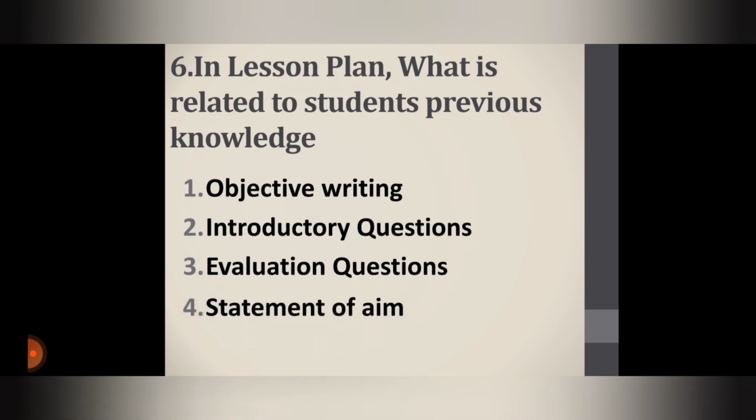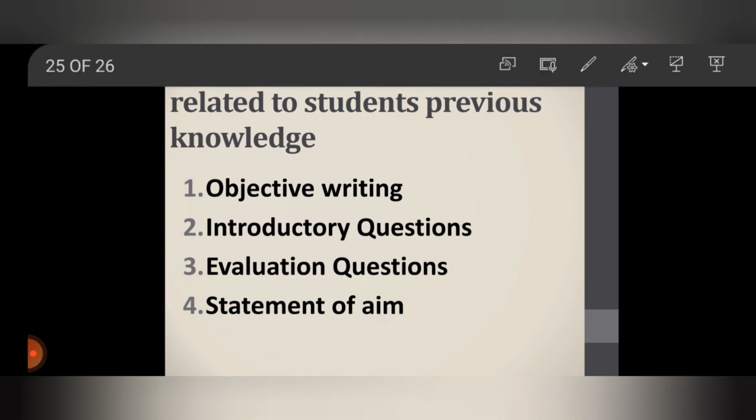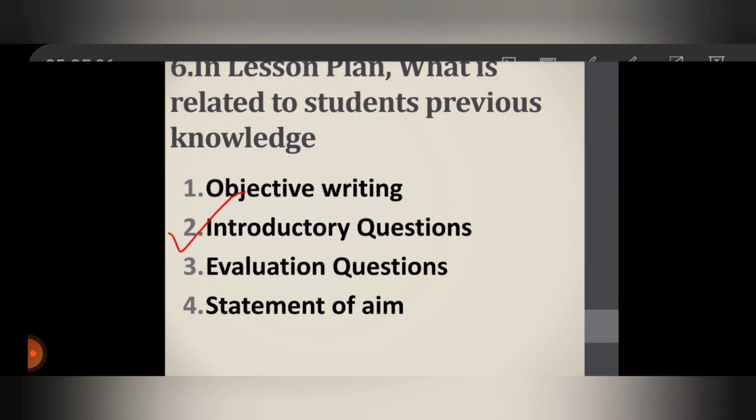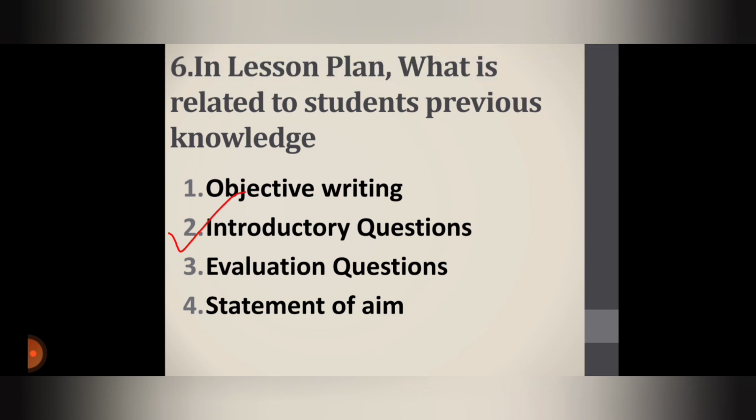Now here in lesson plan, the previous knowledge is tested from the students by asking introductory questions. So the answer would be option 2, introductory questions. So this is all about instructional planning, year plan, lesson plan and a few questions.